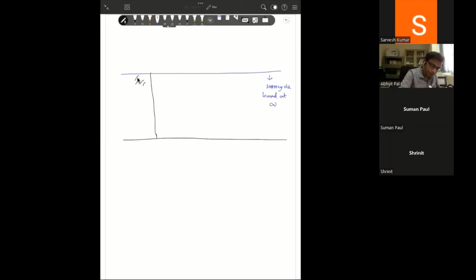Now if I take the horocycle disk based at infinity, I'll take two vertical lines.